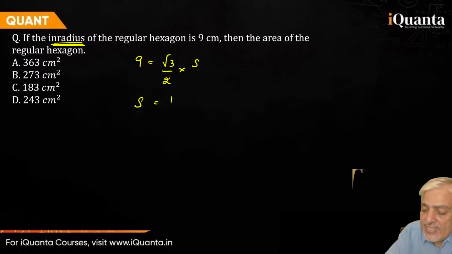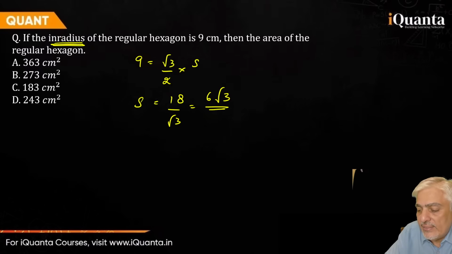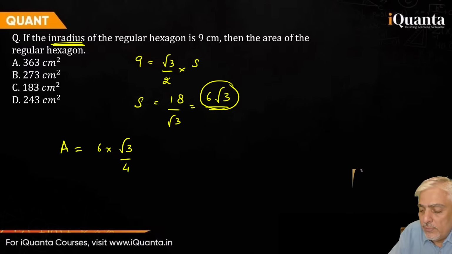So side is 18 upon root 3. Simplify it, multiply by root 3 upon root 3, 6 root 3. Side is 6 root 3. Now, they've asked for area of hexagon. Area of hexagon is 6 multiplied by root 3 upon 4 into side square. Side is 6 root 3, so 6 root 3 into 6 root 3.